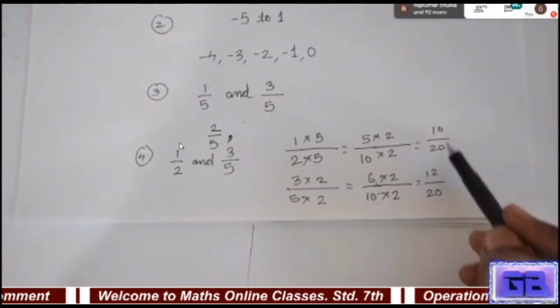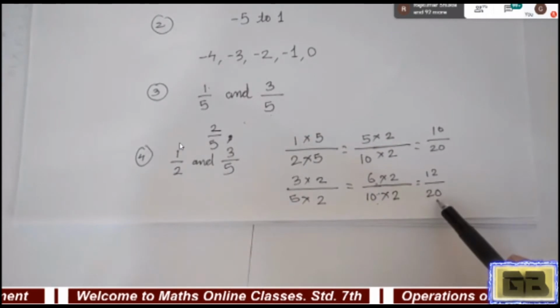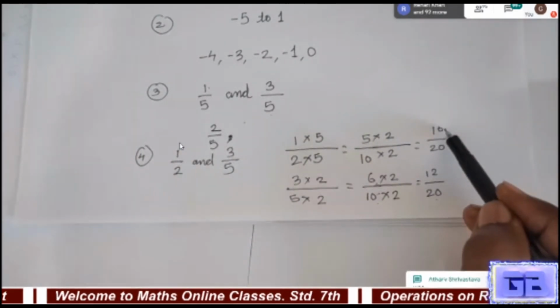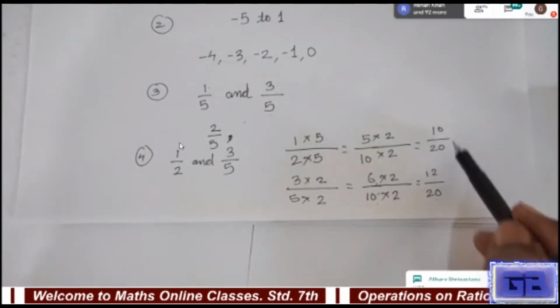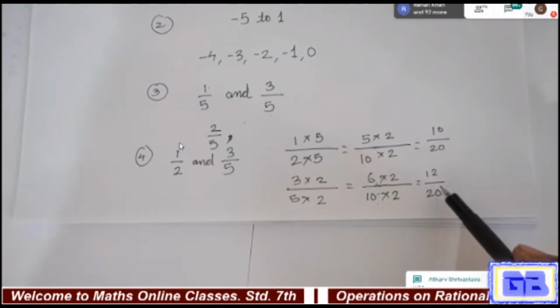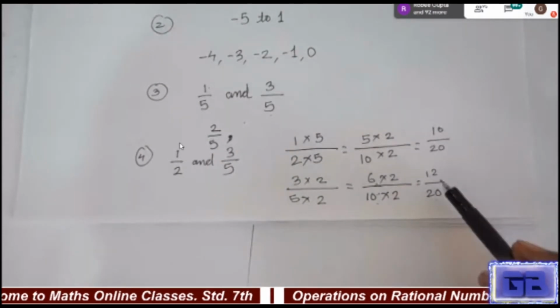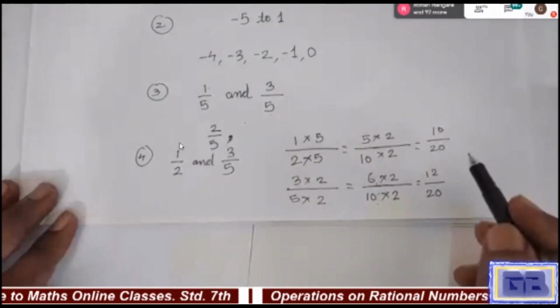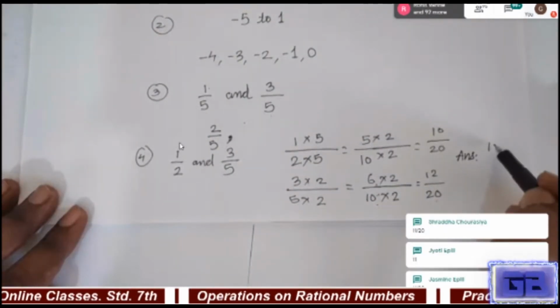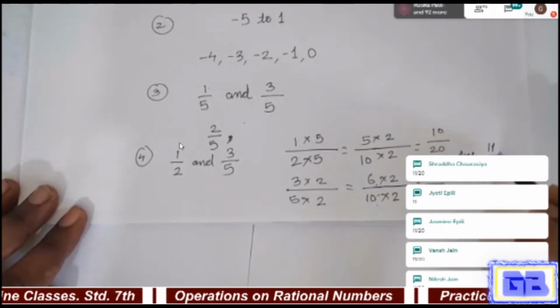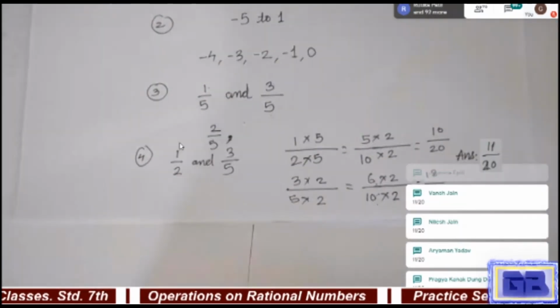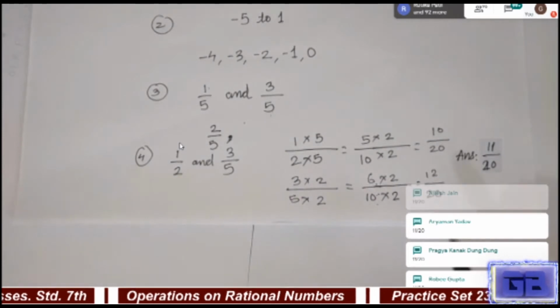Now here 10 upon 20 is there, here 12 upon 20 is there. In between these two rational numbers, which rational number will appear? Yes, Atharva, you gave the correct answer: 11 upon 20. Many are giving correct answers.